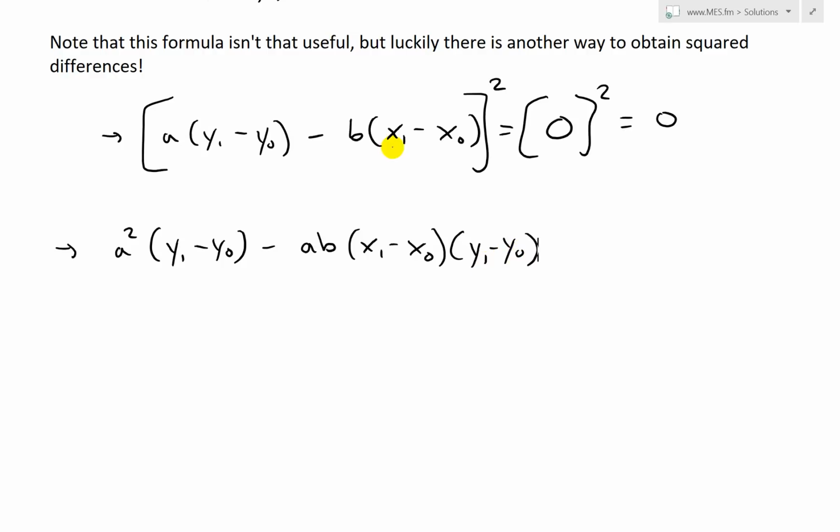And then we multiply this by this. We're going to get the same one, and it's still negative, so we just add another 2. Let's do it to save time. With this one multiplied by itself, the negatives cancel, and we have plus b squared times (x1 minus x0) squared, equals 0.